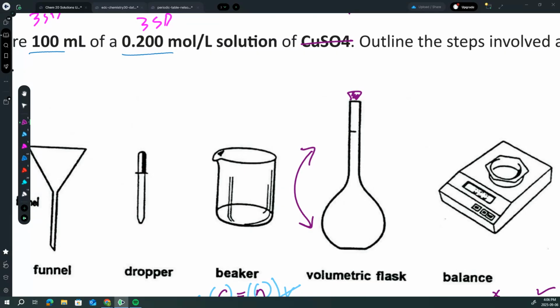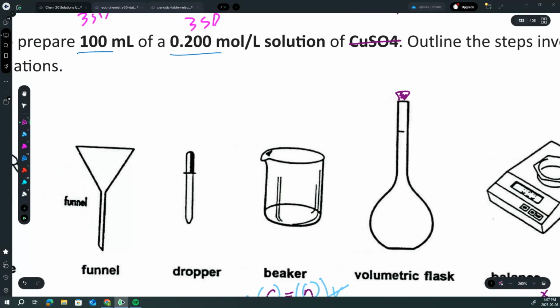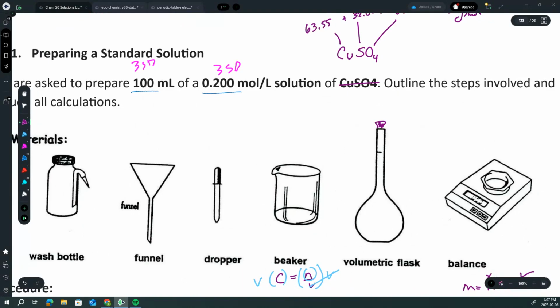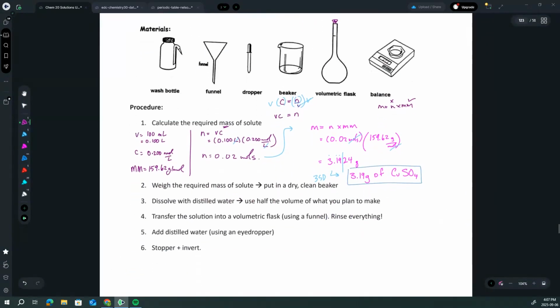So you'd flip it around about 10 times in order to mix the solution properly so it has the same concentration throughout. And there you would have your solution of 0.2 mole per liter of copper 2 sulfate.